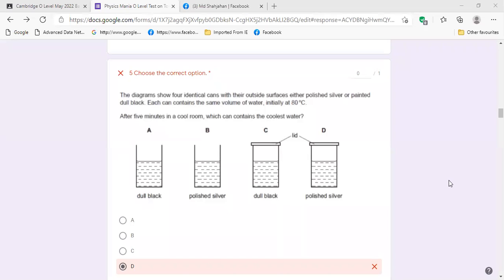What does it mean? That one lost most of the heat, right? So which arrangement is necessary to lose heat the most?